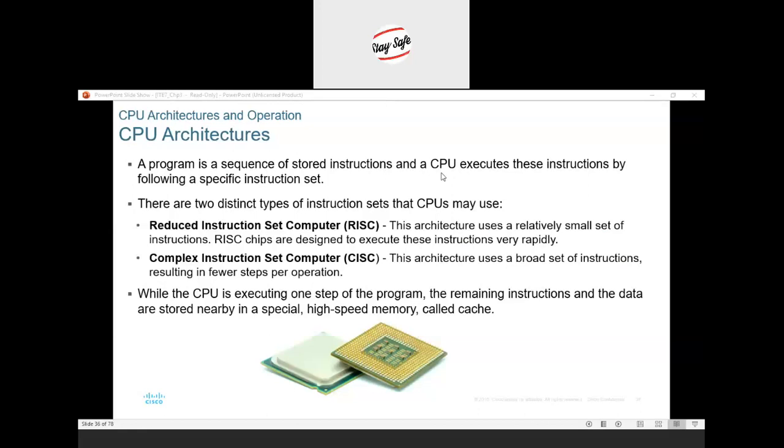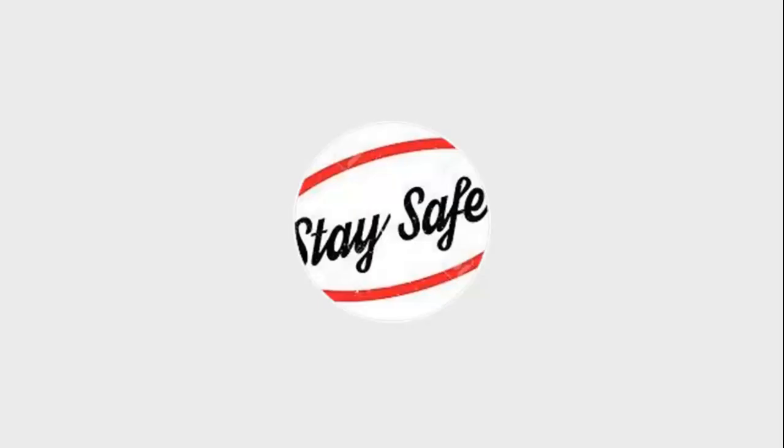There are two distinct types of instruction set that a CPU may use. The CPU itself is hardware and contains an instruction set, and this instruction set determines how the computer system fetches, decodes, and executes information.